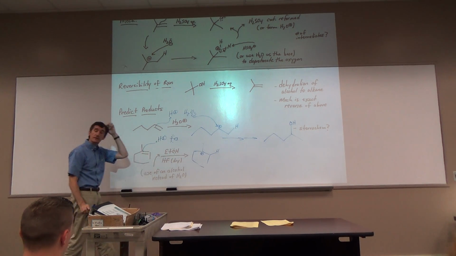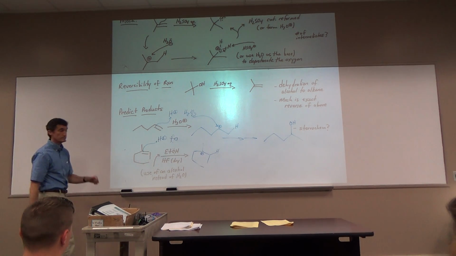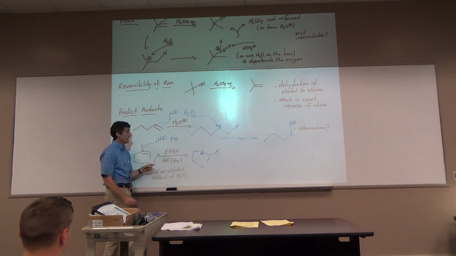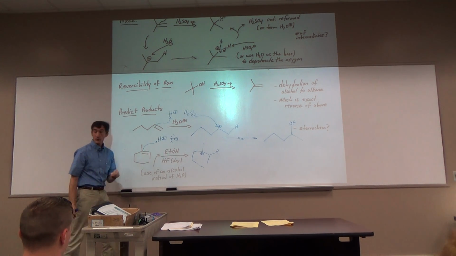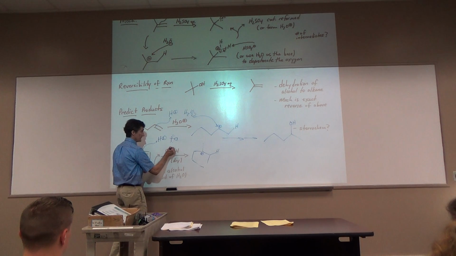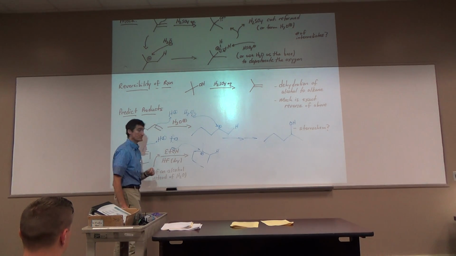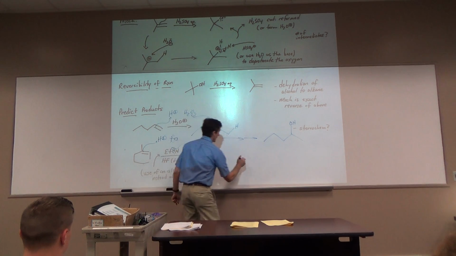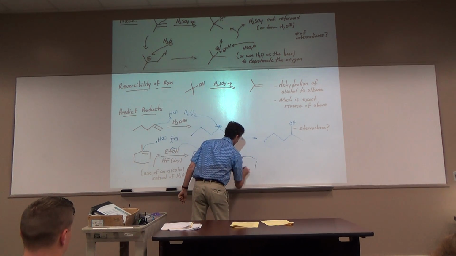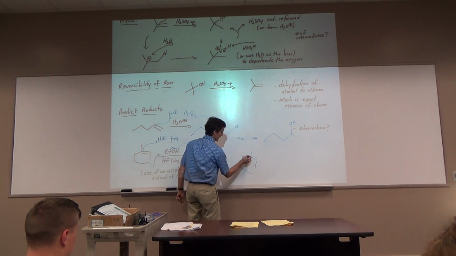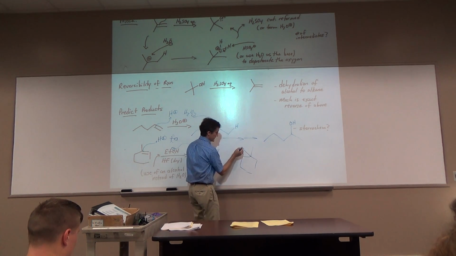What's going to attack the cation? Will F minus attack it? No. Well, there's no water here. Yeah, this neutral oxygen attacks, and these electrons make the bond. So now we can show it with those electrons bonded. Here's the oxygen.